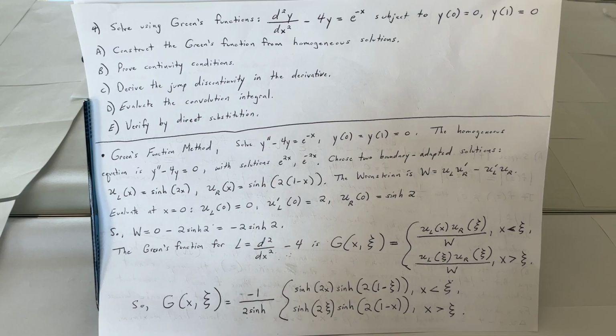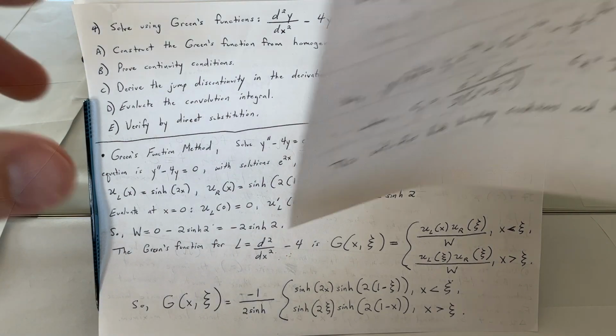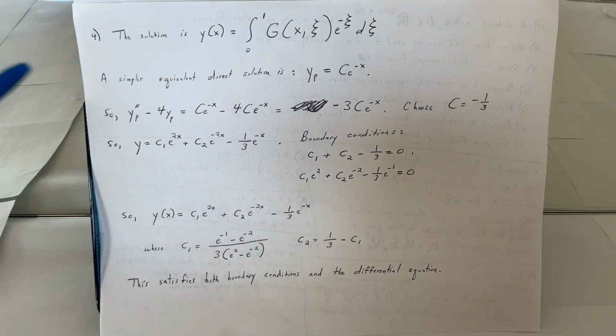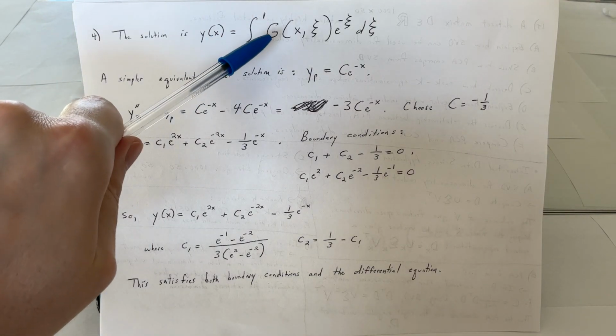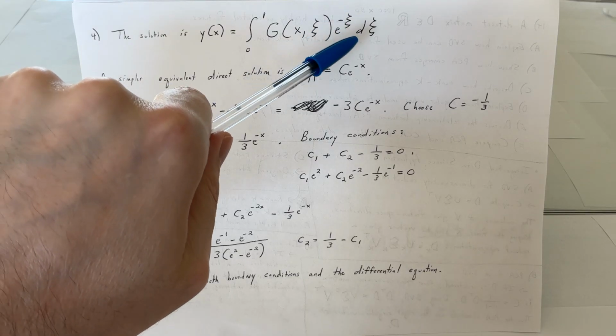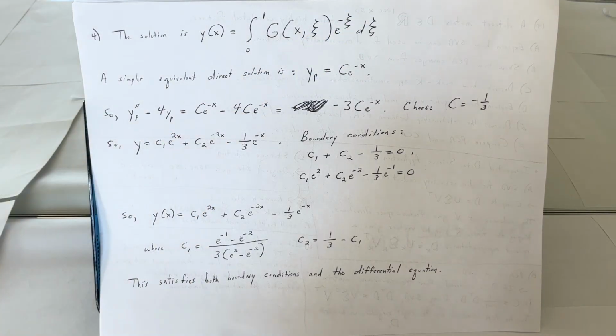Building on that, the solution is y of x equals the integral from 0 to 1 of g of x comma psi, e to the negative psi d psi.